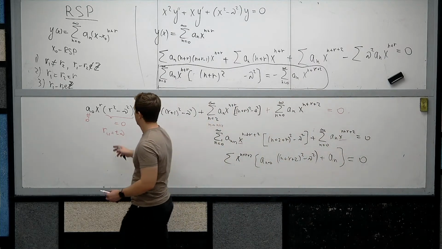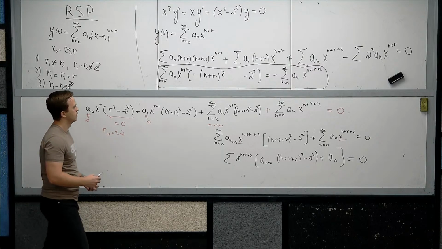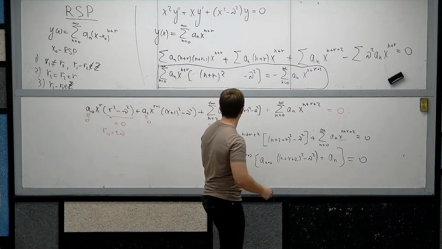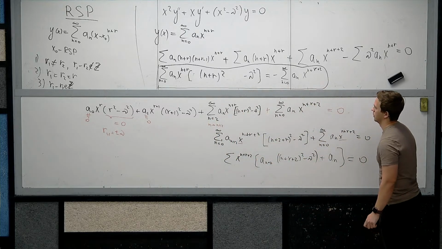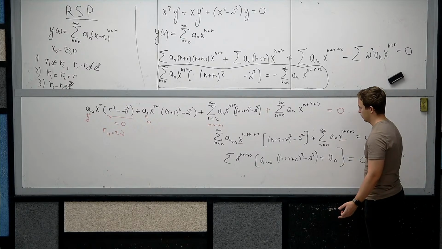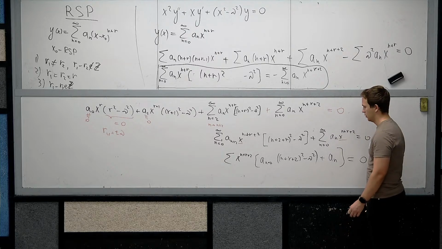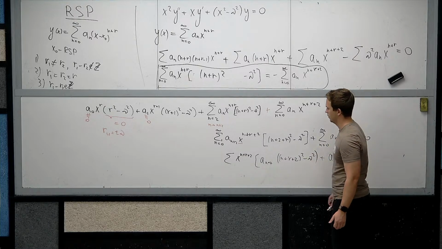Now we know that these two terms are 0, and if we want the rest of our expression to be 0, what do we need to know? This bracket equals 0.